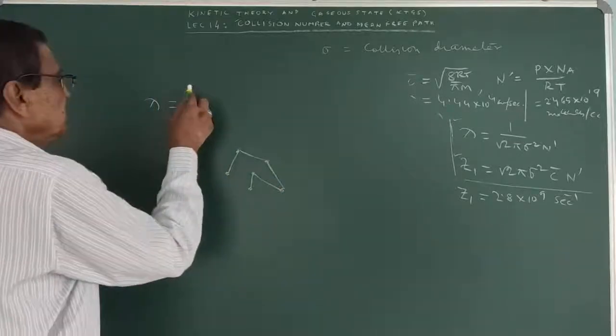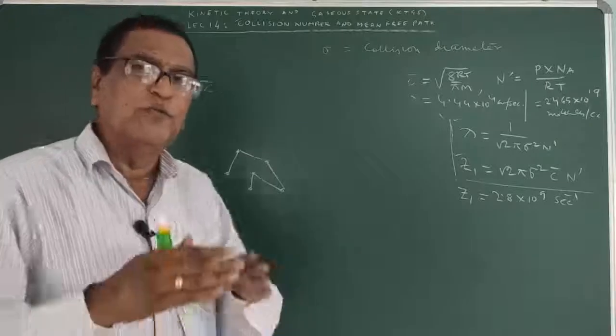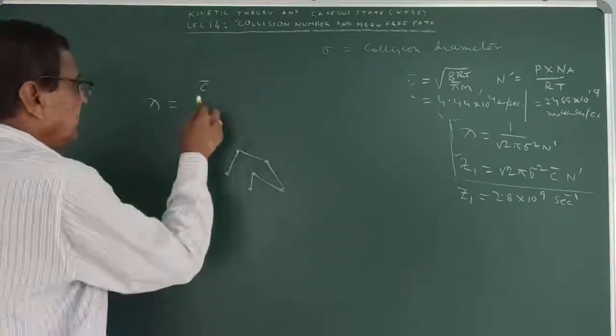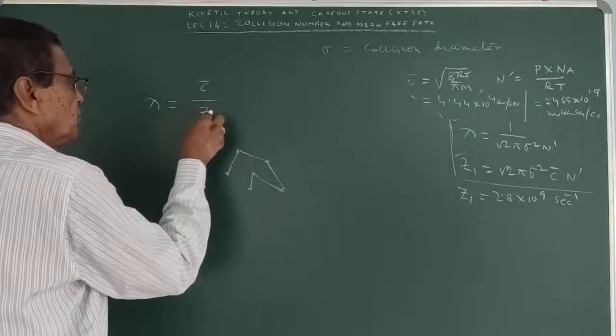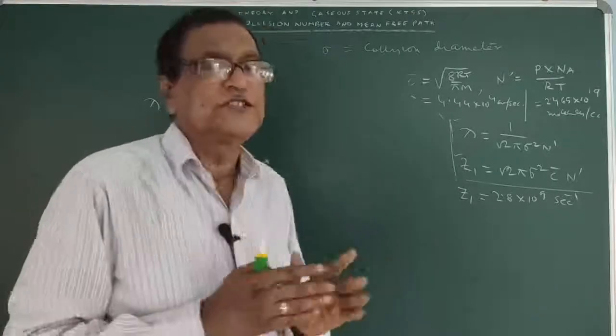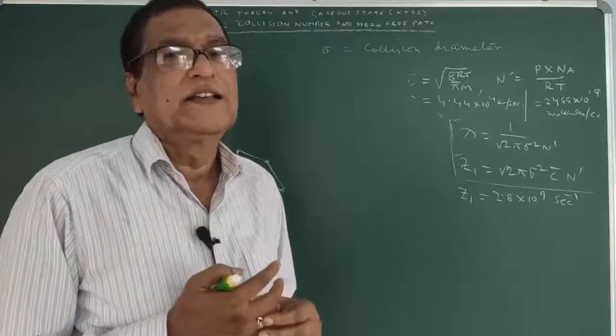So this will give you the C bar, the average speed of the oxygen molecule per second, divided by Z1, the number of collisions made by one oxygen molecule in unit time, let's say in 1 second.